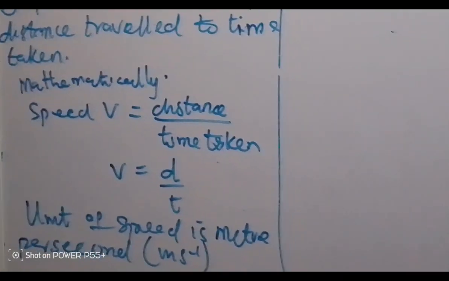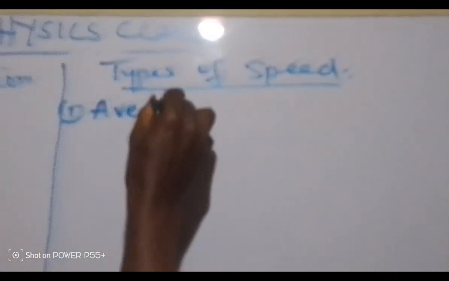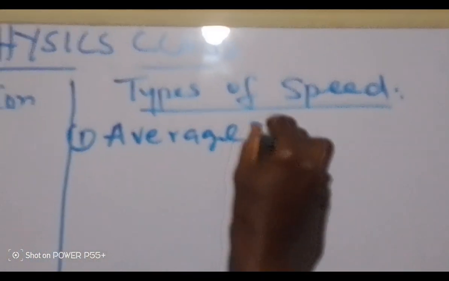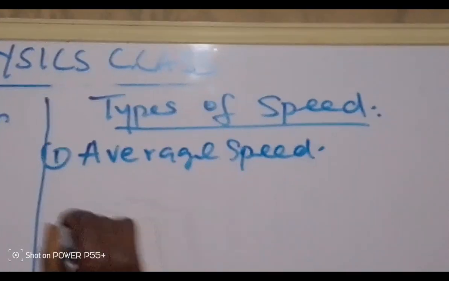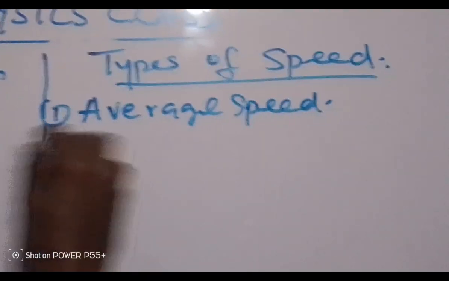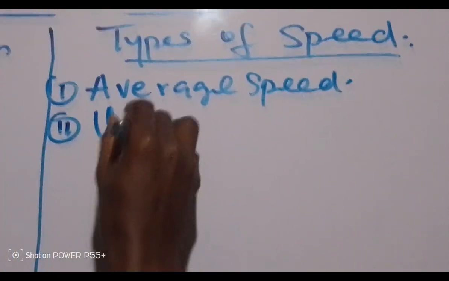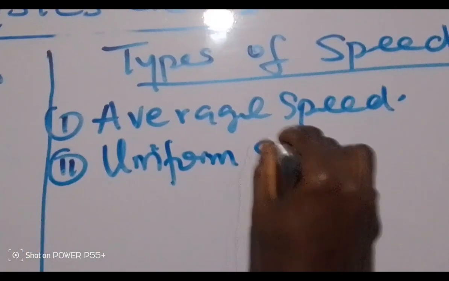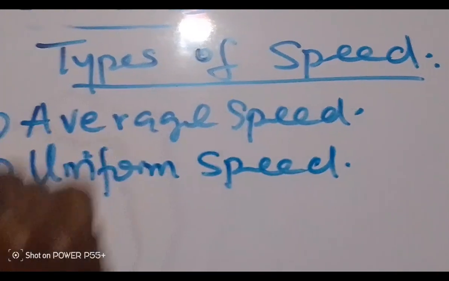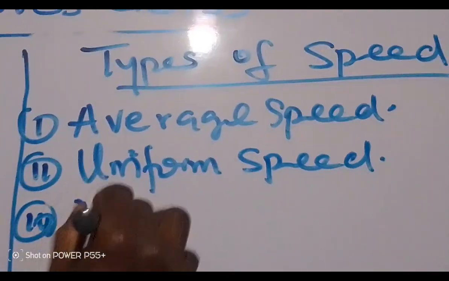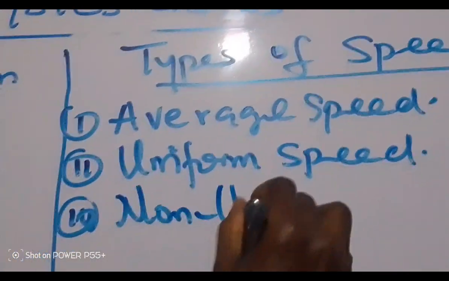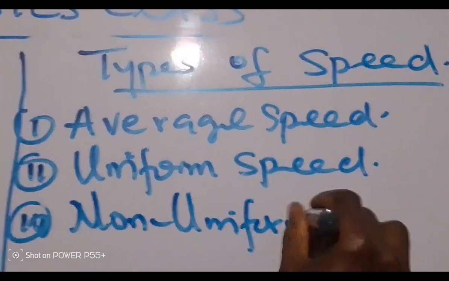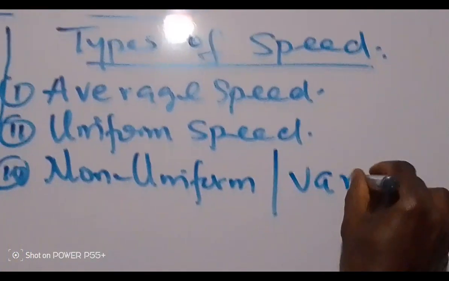Now, types of speed. We have 1, average speed. 2, uniform speed. 3, non-uniform, or you call it variable speed.